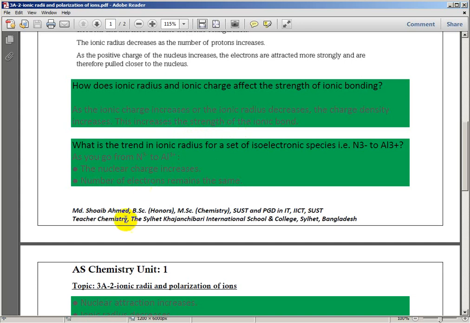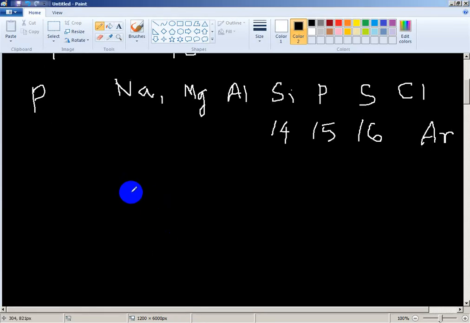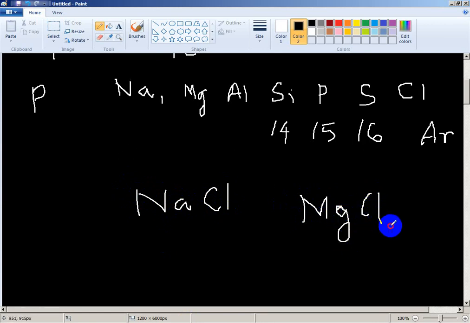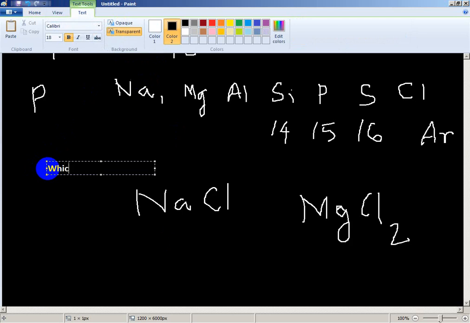Charge density. So which has the stronger ionic bond? Like sodium chloride and magnesium chloride. Both contain ionic bonds. Why do these two contain ionic bonds? Because there is a positive charge and a negative charge.